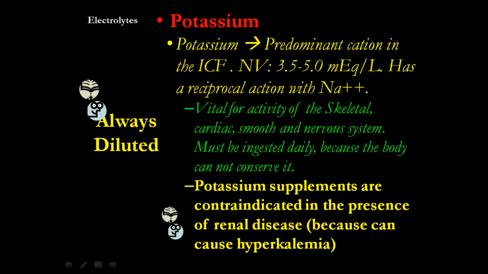Otherwise, potassium in high levels can produce arrhythmias and cardiac arrest. So always potassium needs to be diluted. Second, in some cases we need potassium supplements in the case of loop diuretics and thiazides. Those are the most common to use, so you need to supplement potassium.